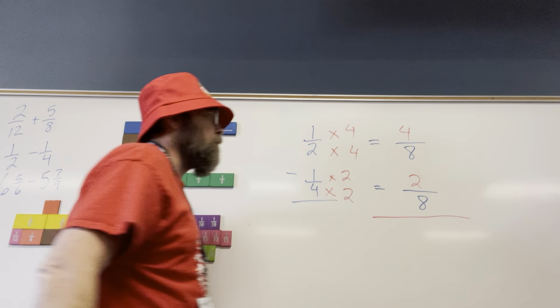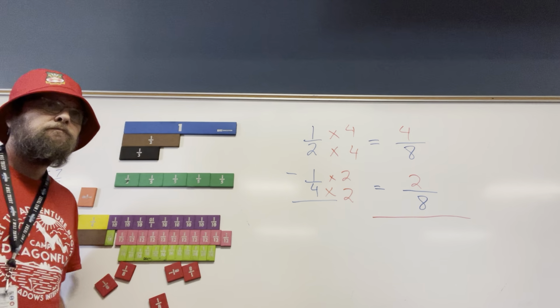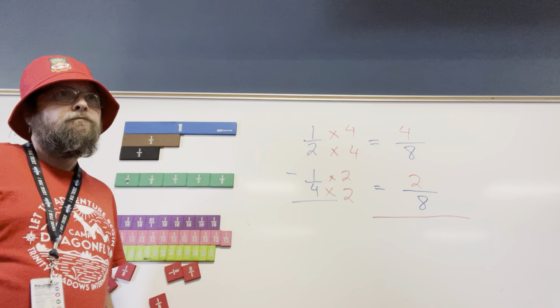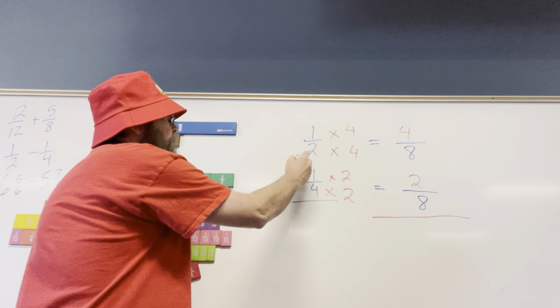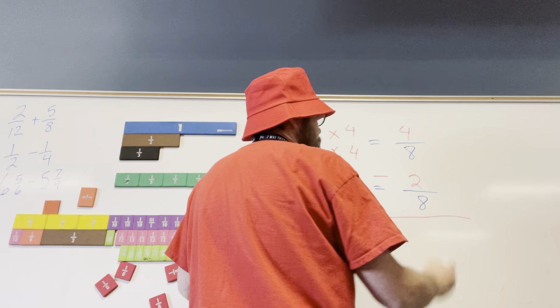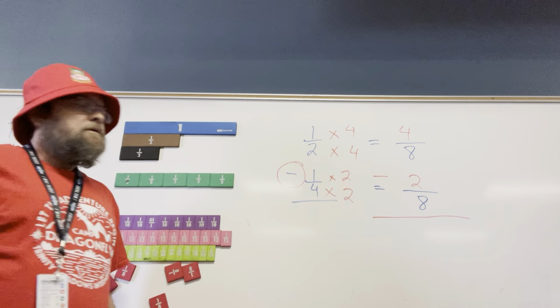Now I have 4/8ths and 2/8ths. So, Seth, what's my answer? Your answer would be 6/8. Nope. Pay attention to the sign. So what's my answer, Seth? 2/8. 2 eighths.